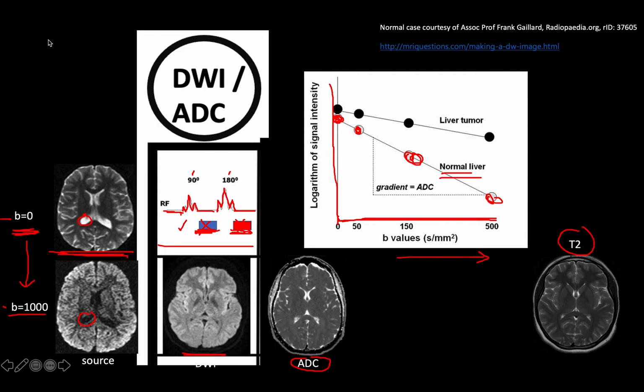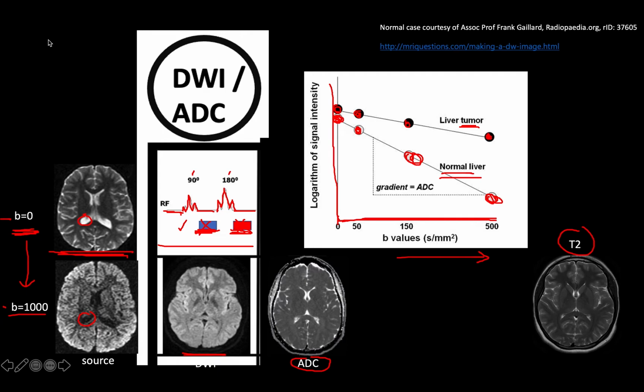If we compare the signal of the normal tissue with that of a tumor, which we're going to assume has restricted diffusion, the signal is also going down as you increase the B value.